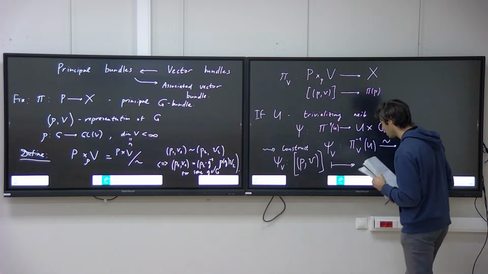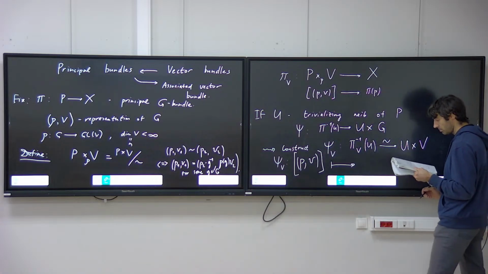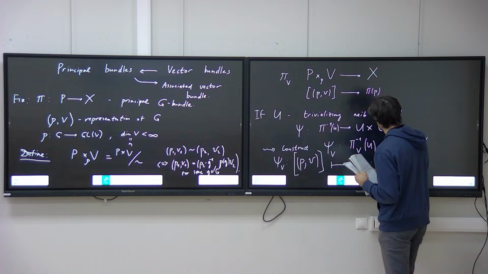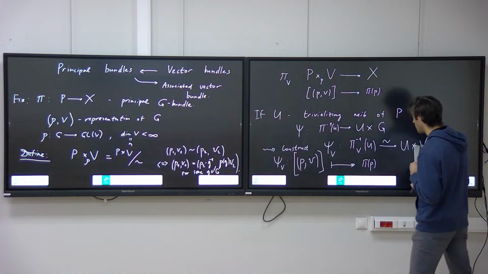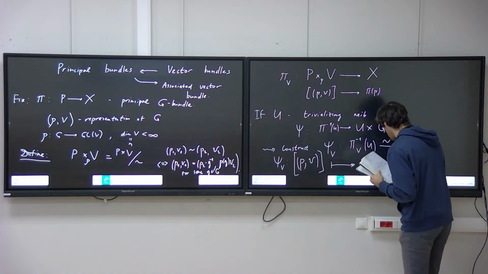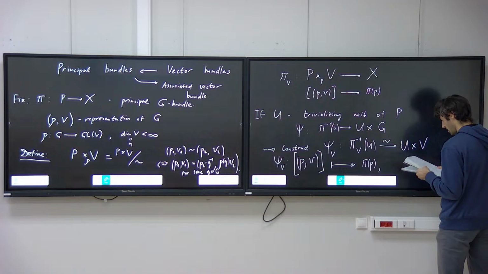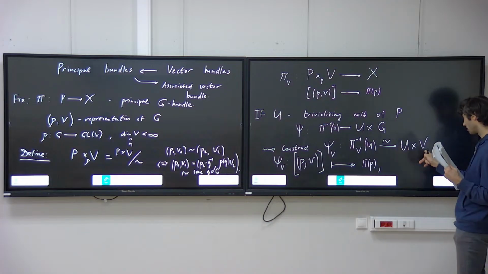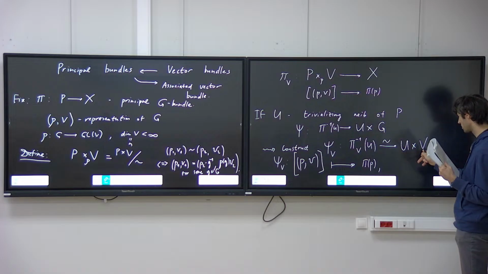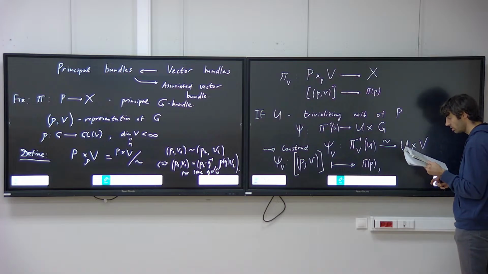By definition, I map it to the following thing. So the first entry will be pi of p, and the second entry should be in V.